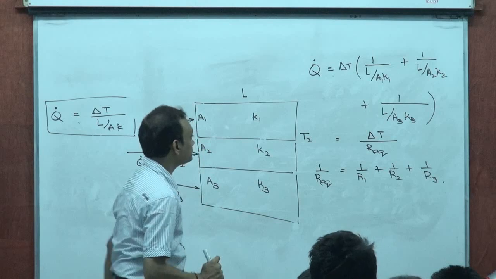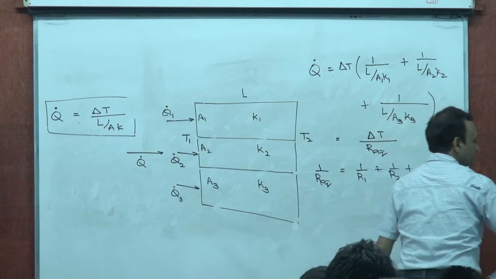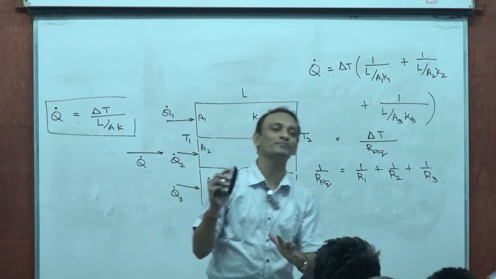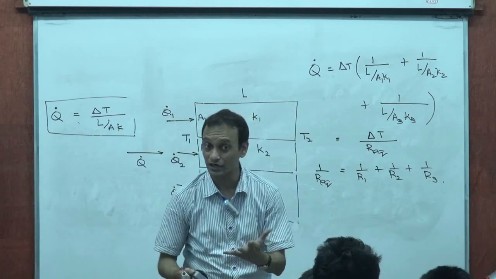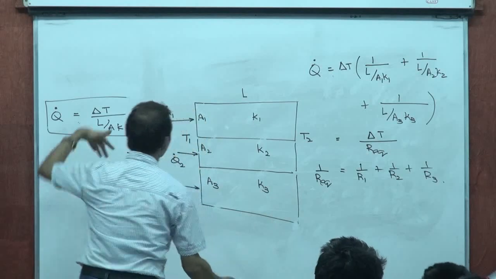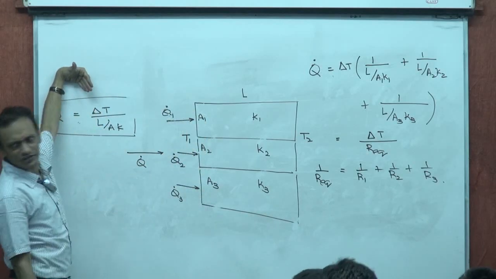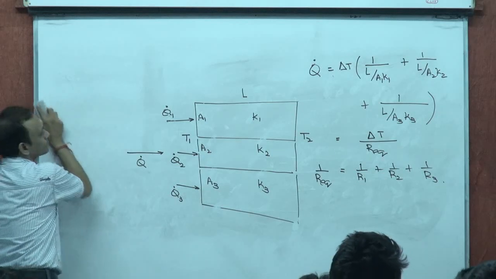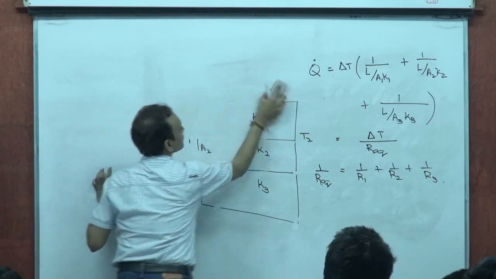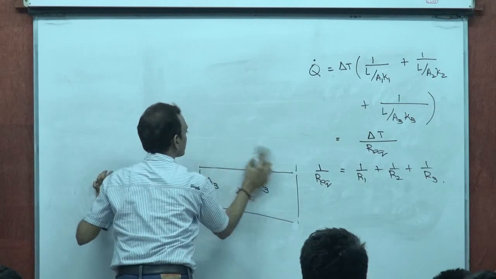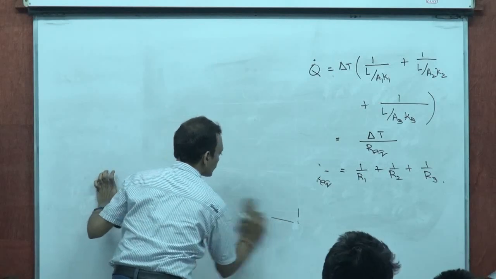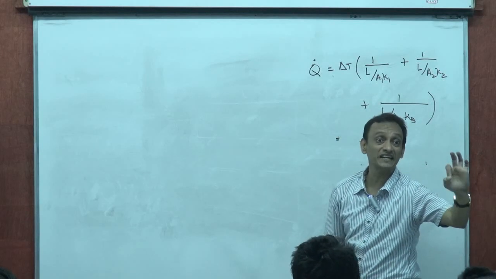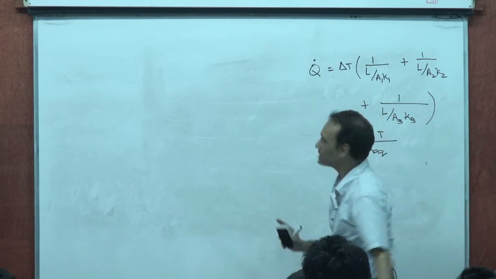Right? And we could have had series parallel combination also. I'll tell you how, for example. Can I wipe this off and proceed further? And all of this, by the way, only in steady state conditions, right?